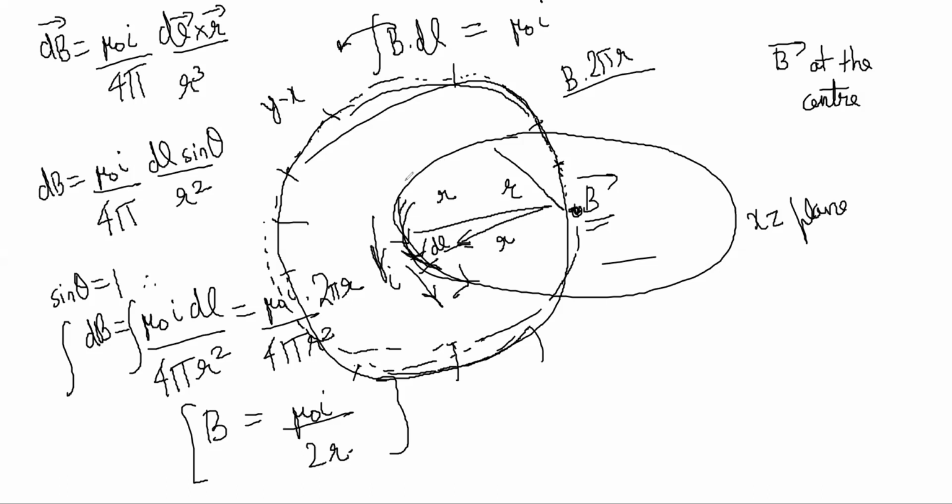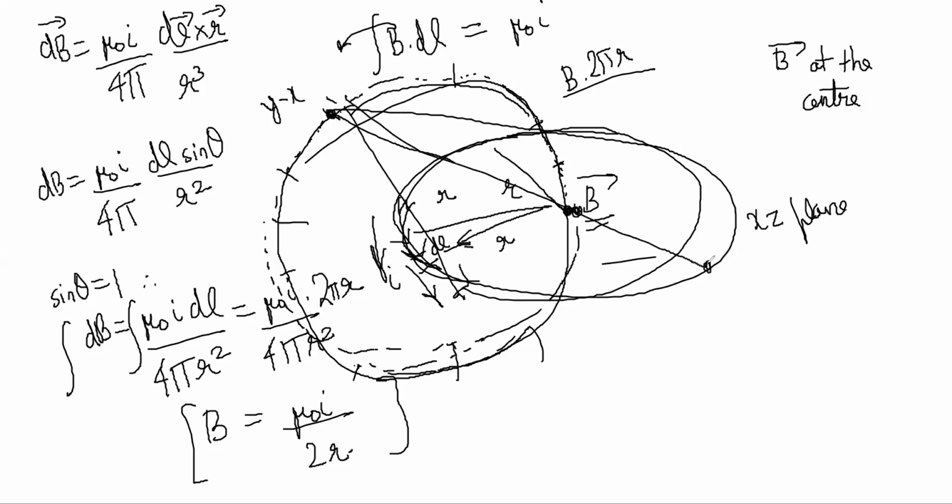I is coming out. No, the problem is that you cannot apply Ampere's law because this point will have a different B than this point. Because the current is flowing in a loop like this, the other parts interact differently here. These are at different distances. But at the center of the loop, every point is equidistant.